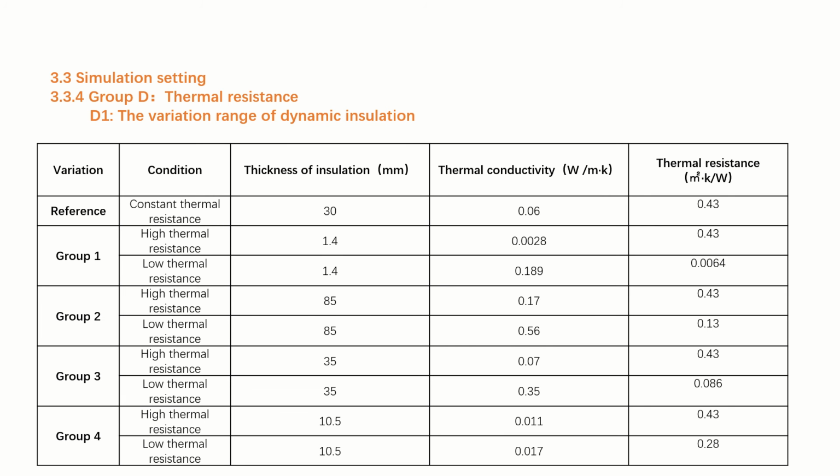So all the test groups have the same maximum thermal resistance but different minimal thermal resistance. And all the cases were said to have high thermal resistance when the ambient temperature is above 12.5 Celsius degree and under 18 Celsius degree. Otherwise, they have low thermal resistance.